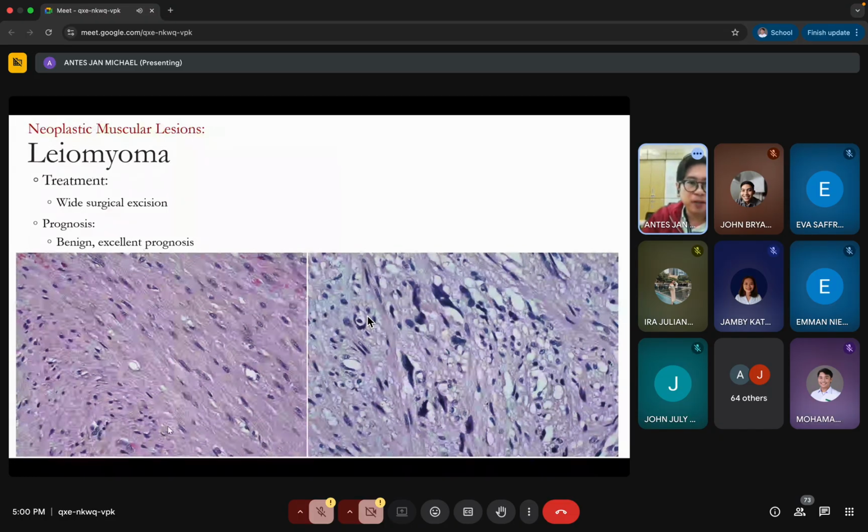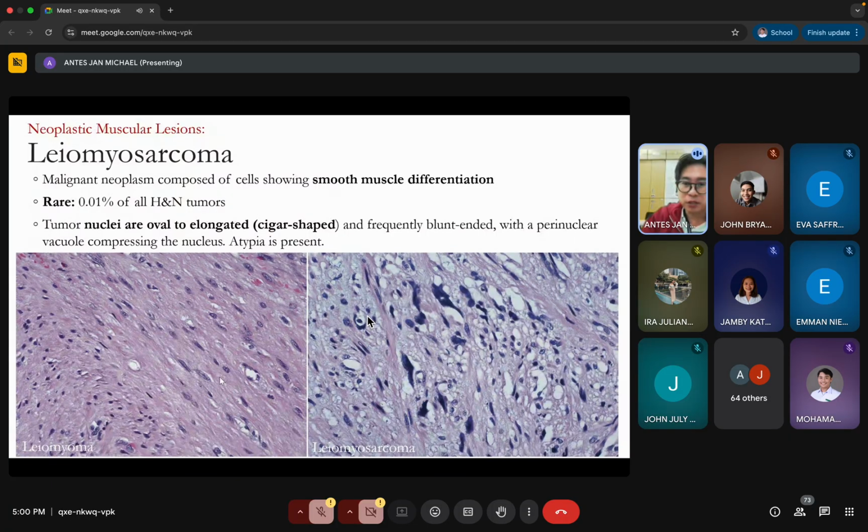Now let's go to leiomyosarcoma. The slide that you have seen here on the second slide is the slide for leiomyosarcoma. So it's still a smooth muscle differentiation. This is the malignant counterpart of leiomyoma. This is a very rare lesion, only about 0.01% is seen in the head and neck.